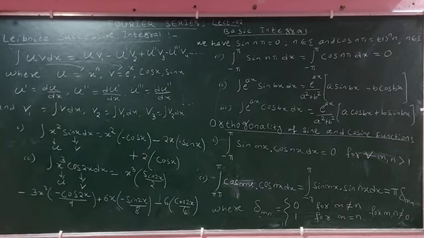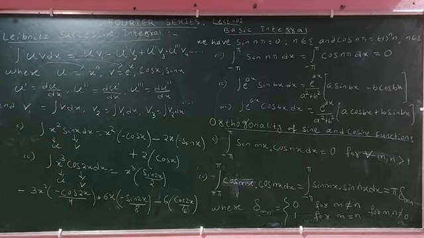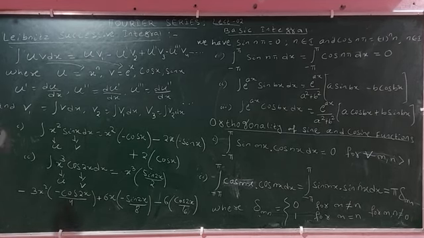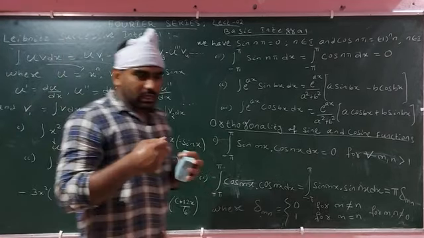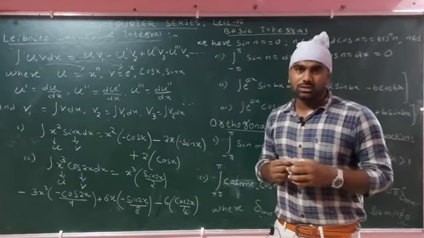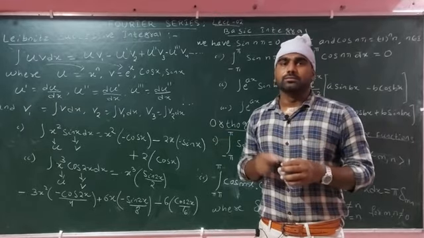In such a pattern, you can apply Leibniz successive integral. These are various examples of Leibniz successive integral. Then we can calculate, but we should also remember some basic integrals which we apply in Fourier series.